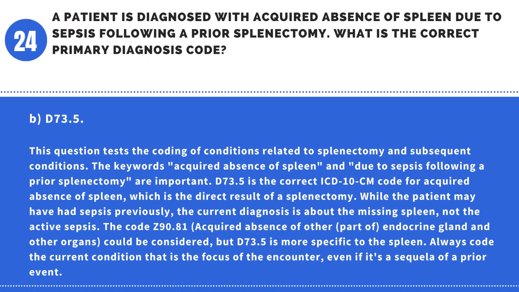While the patient may have had sepsis previously, the current diagnosis is about the missing spleen, not the active sepsis. The code Z90-81, acquired absence of spleen, could be considered, but D73-5 is more specific to the spleen. Always code the current condition that is the focus of the encounter, even if it's a sequela of a prior event.